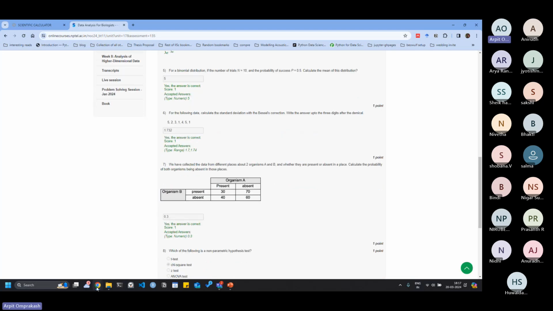Let's say you want to do this question. For the following data, calculate the standard deviation with Bessel's correction.